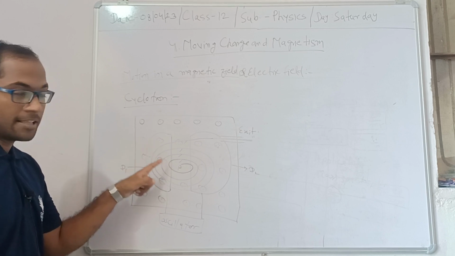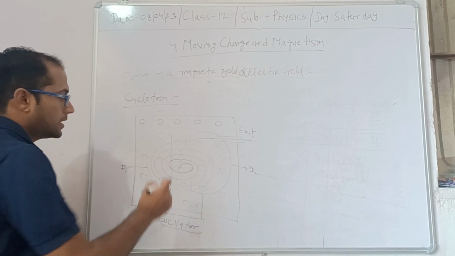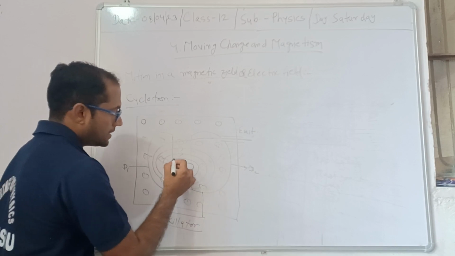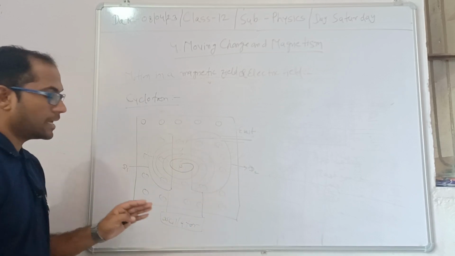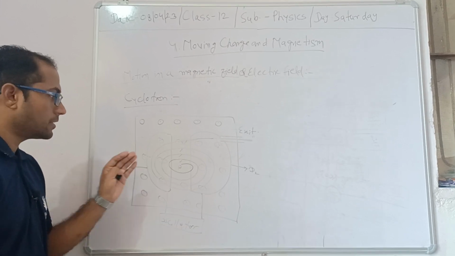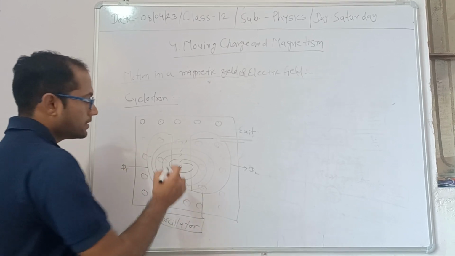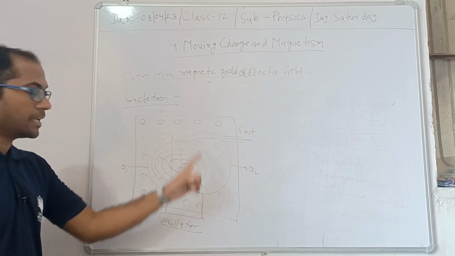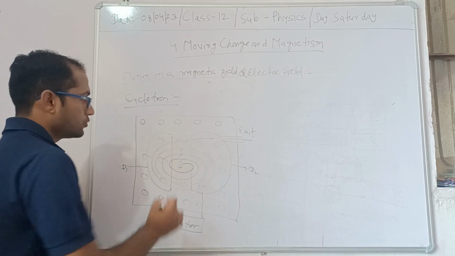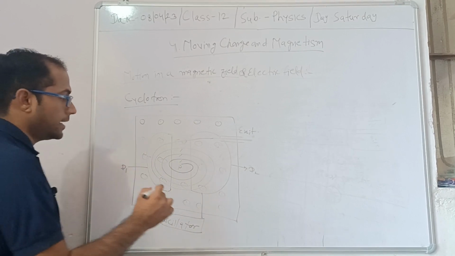In this D it also faces a magnetic force, so it gets a circular motion, and each and every time in the middle of the D's it gets an electric force, and due to this force its radius and its path are converted into a spiral path.